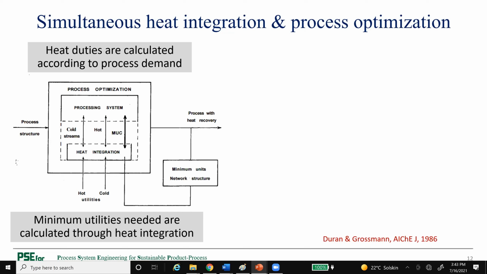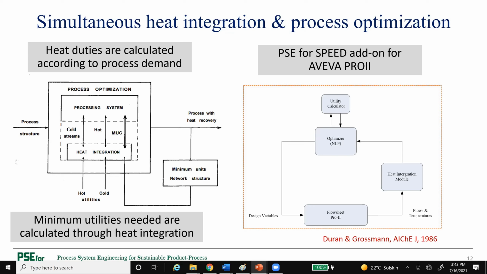But the Duran-Grossmann paper from 1986 proposed that this can be combined together in such a way that after the flowsheet is simulated, let's say the optimizer gives us design variables, then with those design variables, the flowsheet is simulated based on the temperature, pressure, and the duties. The heat integration module calculates the utilities, and those utilities, together with all the process simulations, are used to get the new design variables.